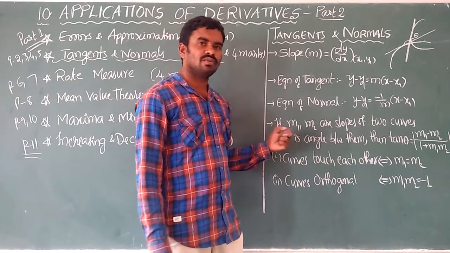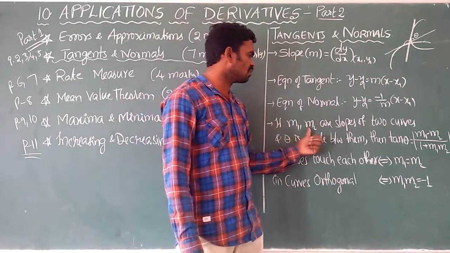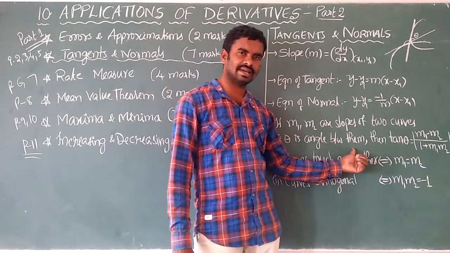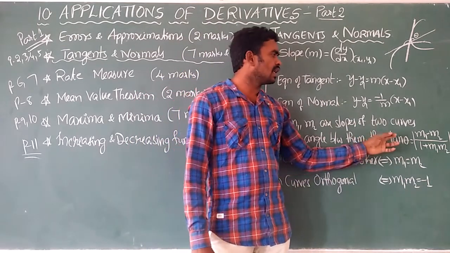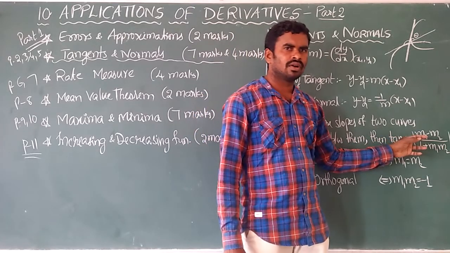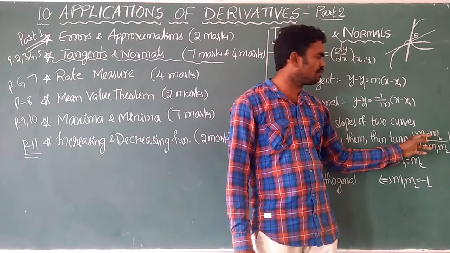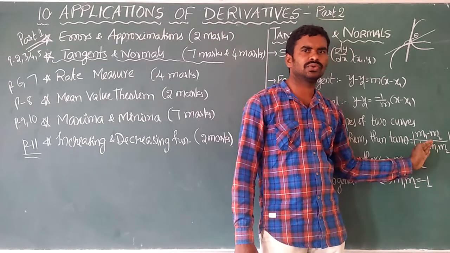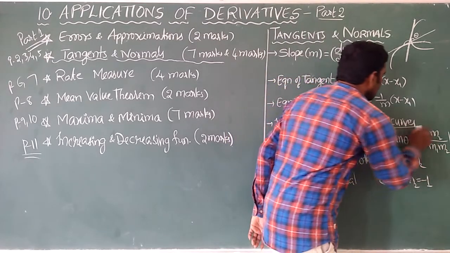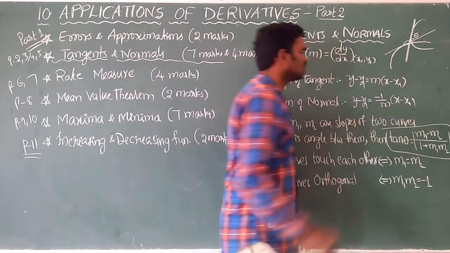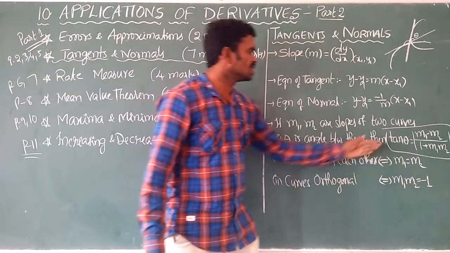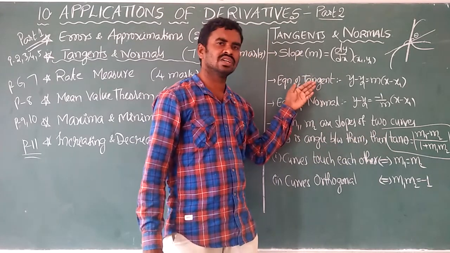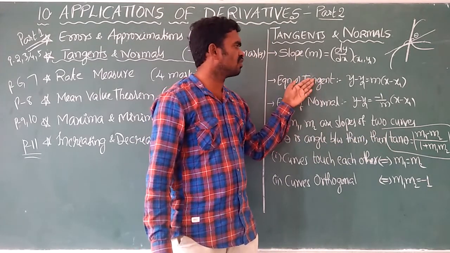Moreover, if m1, m2 are the slopes of two curves and theta is the angle between them, then tan theta equals modulus of (m1 minus m2) by (1 plus m1 into m2). This is the formula to find angles. That is a very important formula. It is used for 7 marks questions, and sometimes these are also 7 marks, but mostly in 4 marks we can use these formulas.